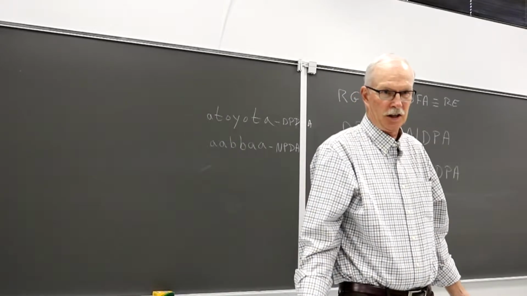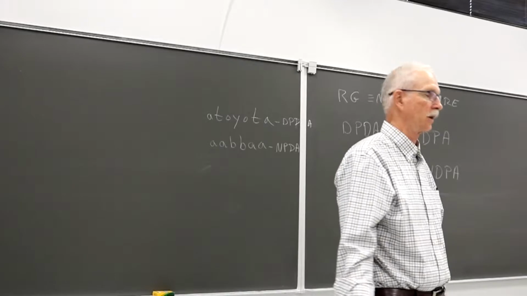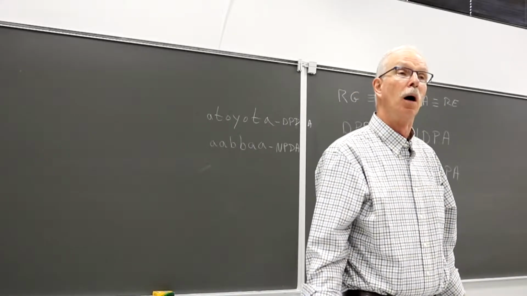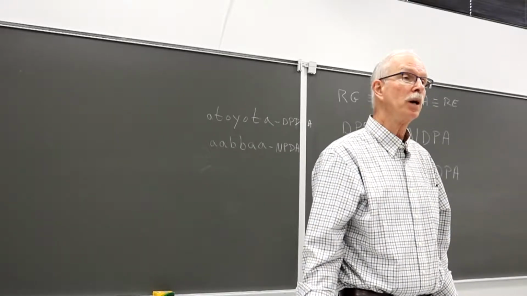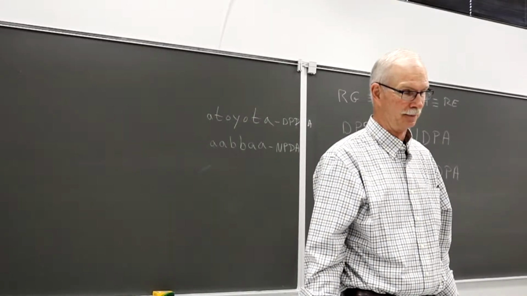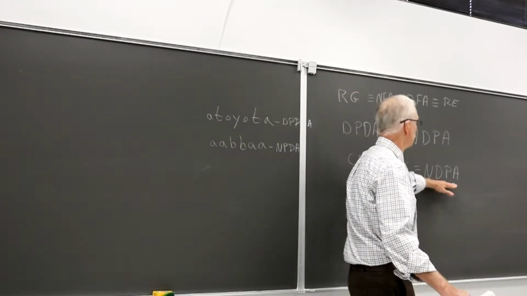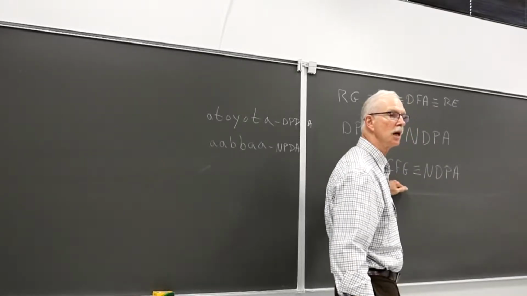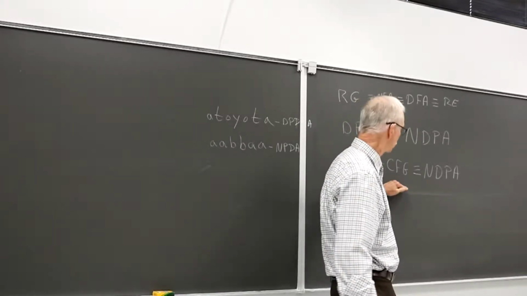Whatever a context-free grammar can generate, a push-down automaton can recognize. All context-free grammars may require a non-deterministic push-down automaton. Okay? So non-deterministic push-down automata can recognize anything a context-free grammar can generate.